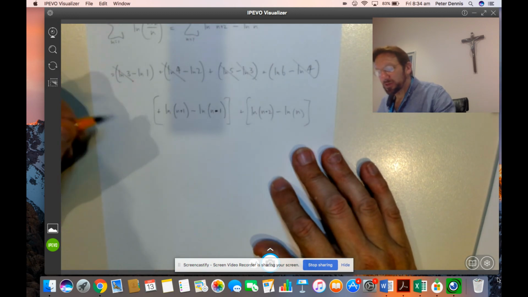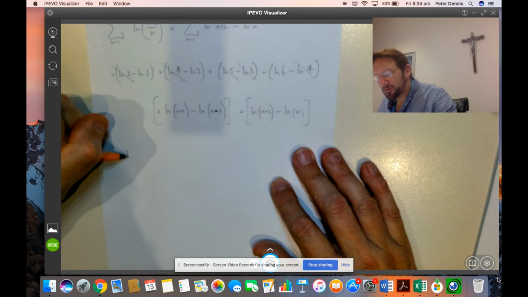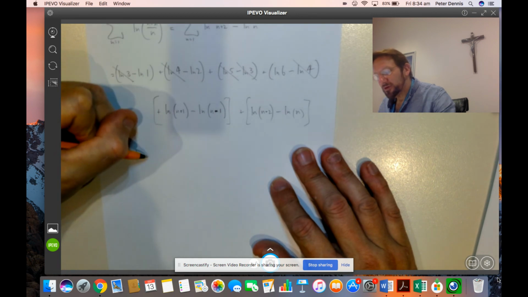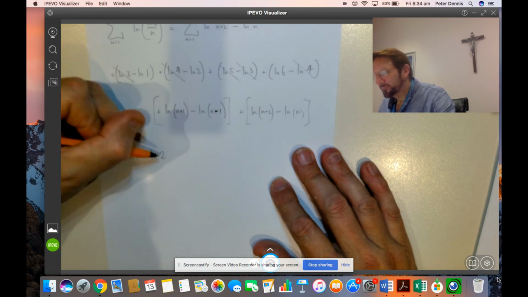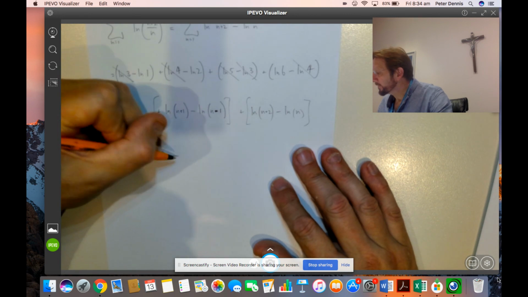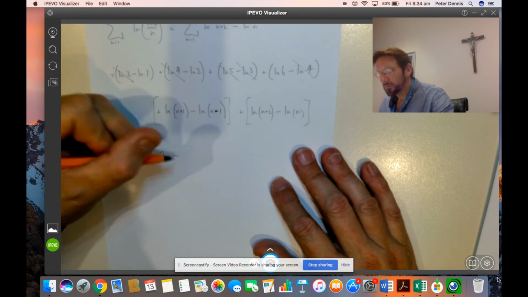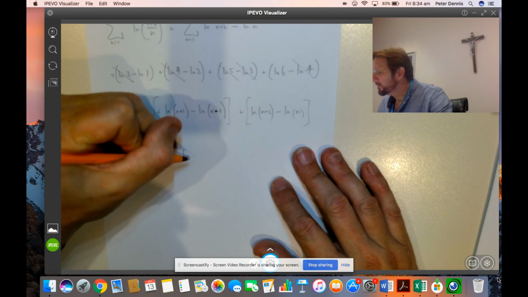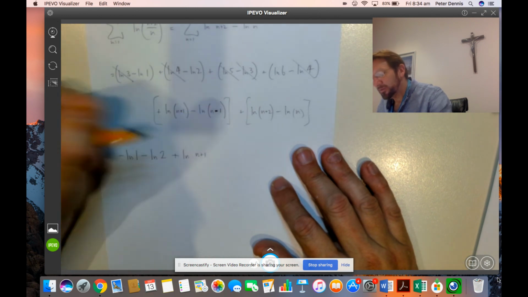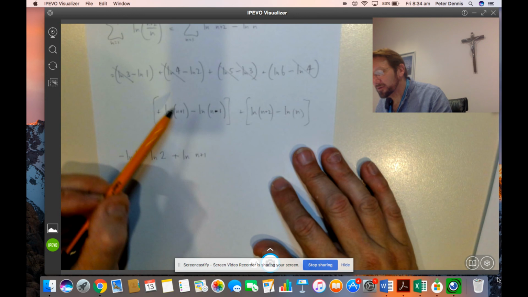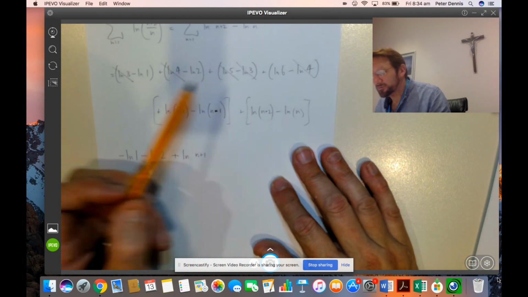So what are we going to be left with? We're going to be left with minus the log of 1 minus the log of 2 plus the log of n plus 1. There's going to be nothing to cancel this one out, and there's going to be nothing to cancel this one out.